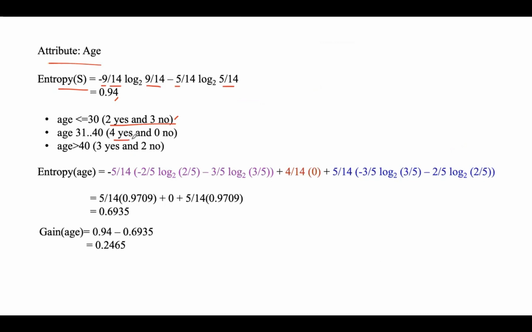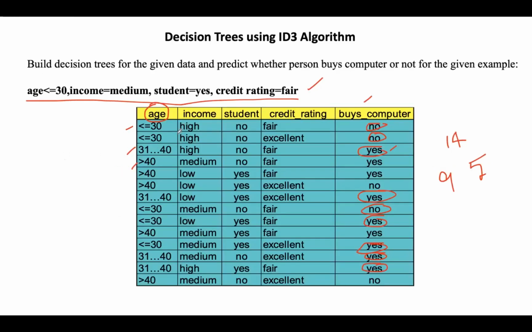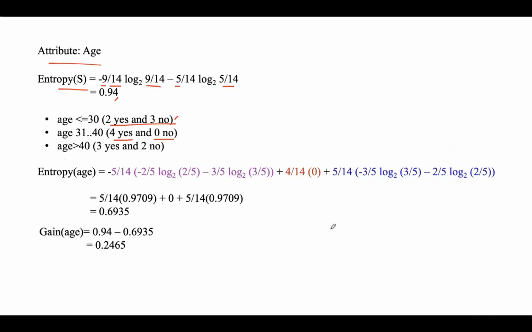So 4 yes and 0 no. Then age greater than 40 has 3 yes and 2 no's. So write it like this.